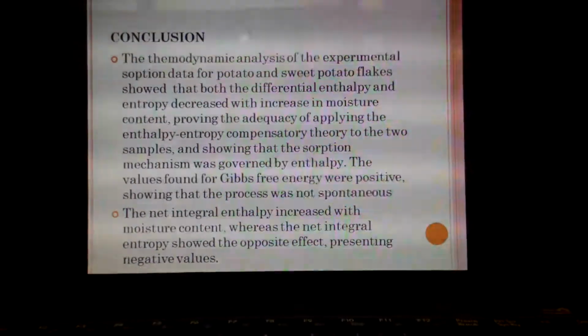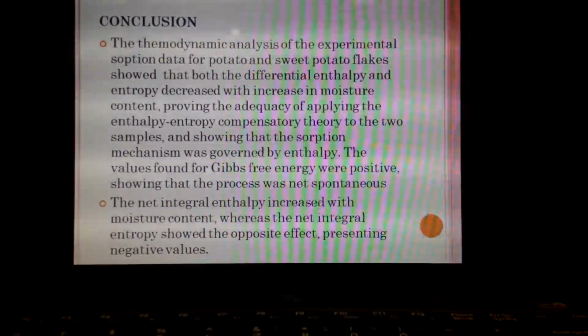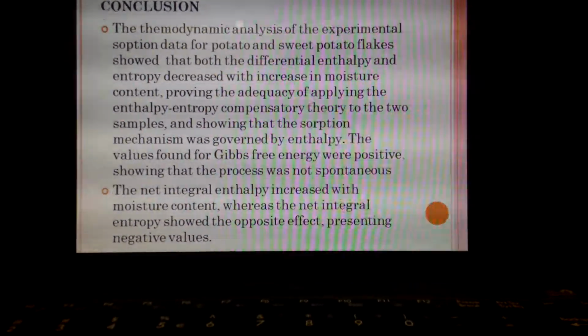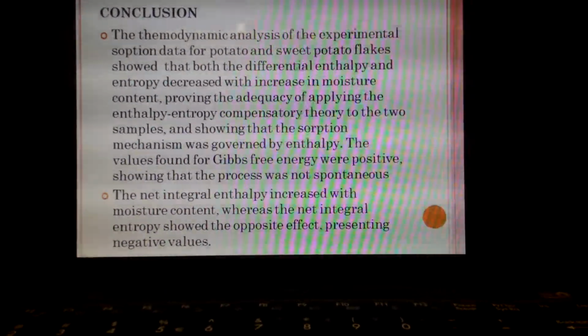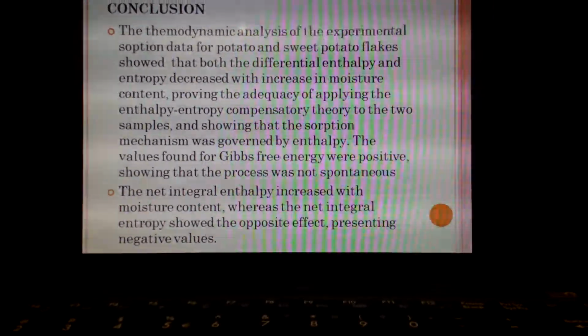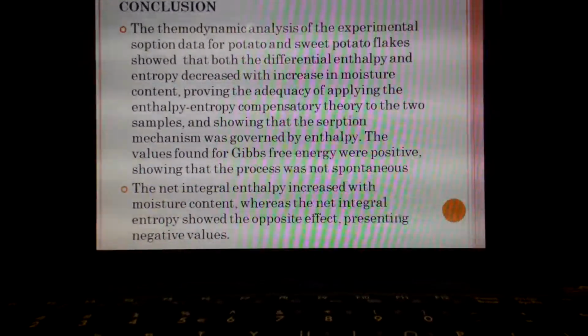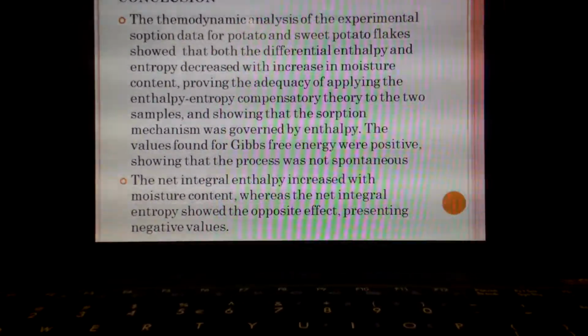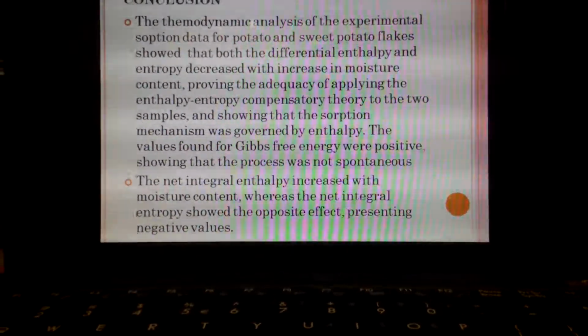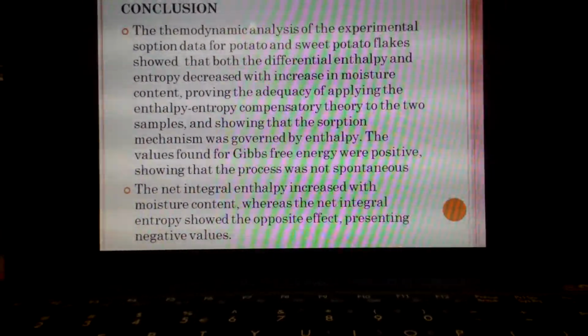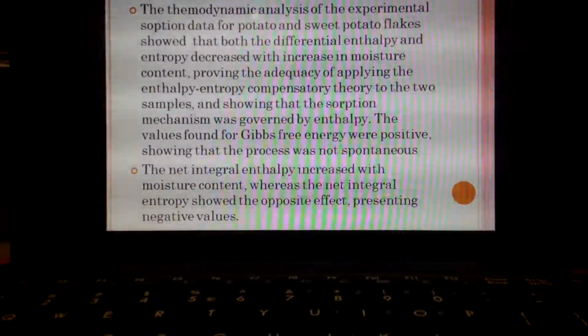So for the conclusion, the thermodynamic analysis of the experimental sorption data for potato and sweet potato flakes showed that both the differential enthalpy and entropy decreased with increase in moisture content, proving the adequacy of applying the enthalpy-entropy compensation theory to the two samples, and showing that the sorption mechanism was governed by enthalpy.